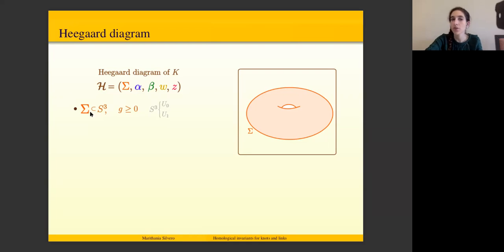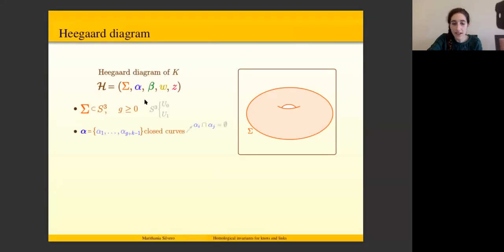I will do an example. Imagine that my surface is the torus. This surface splits S3 into the inner solid torus, and outside I have another solid torus. So this is my surface.